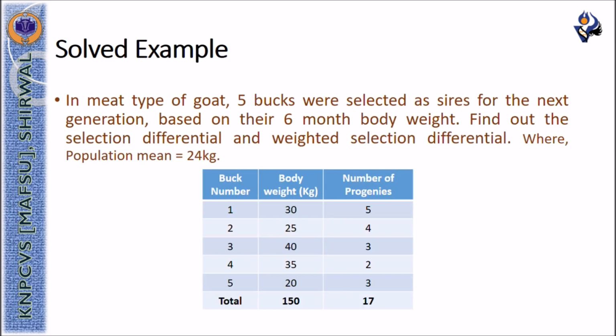We will see with the help of a solved example. Suppose in a meat type of goat, 5 bucks were selected as sires for the next generation based on their 6 months body weight. Find out the selection differential and weighted selection differential, where population mean is 24 kilograms.